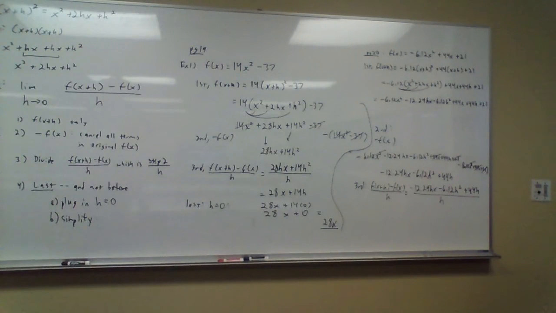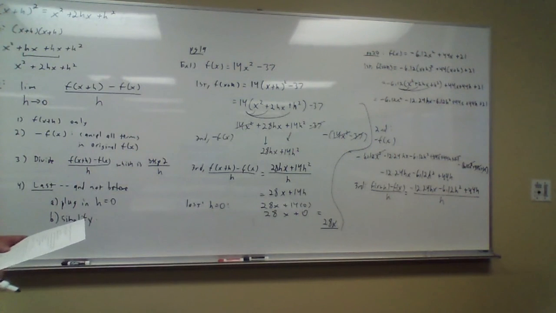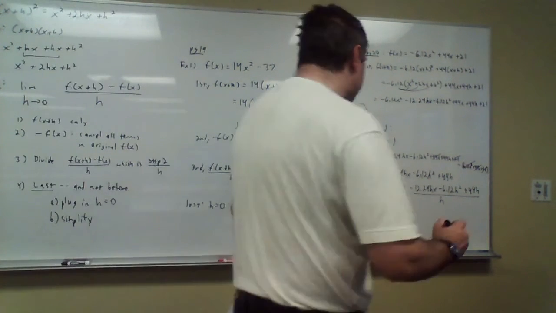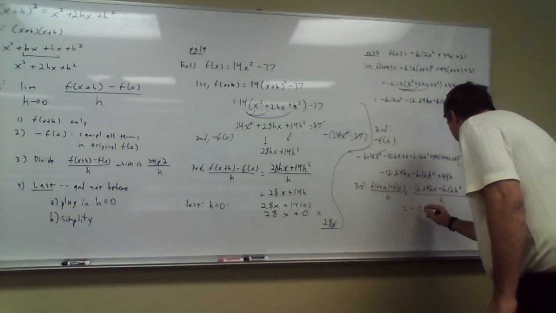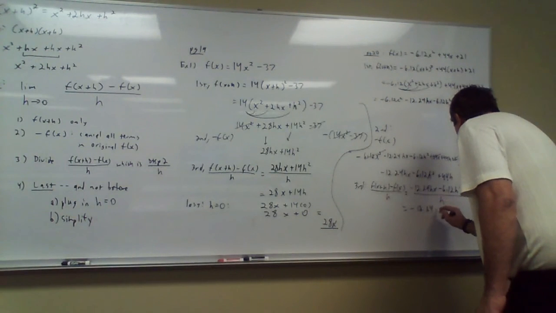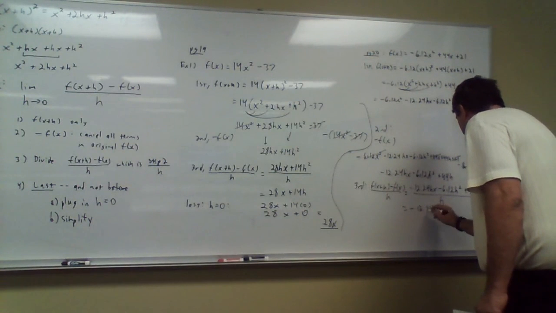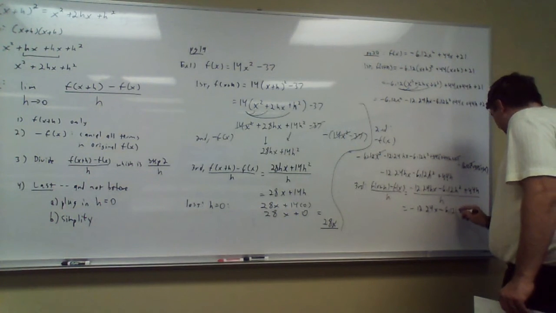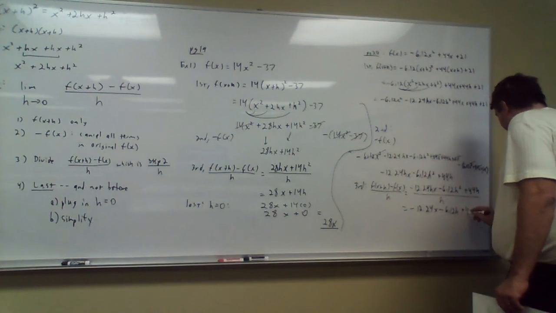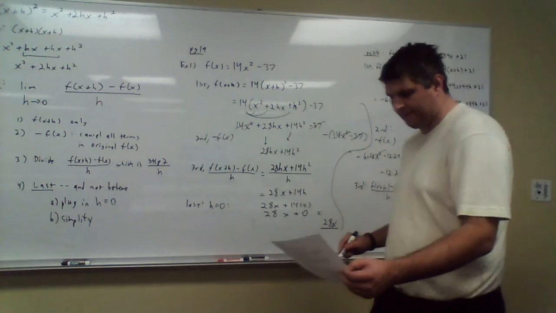Since I'm getting tired, I'm going to start checking them more carefully. All right. So this is going to be negative 12.24x, because that h will cancel. This is going to be minus 6.12h. And this h will also cancel. Okay?